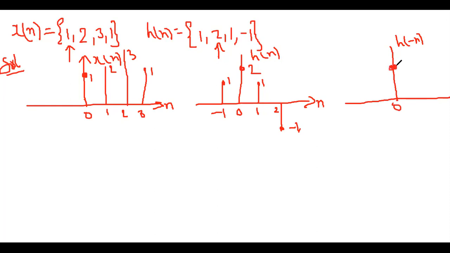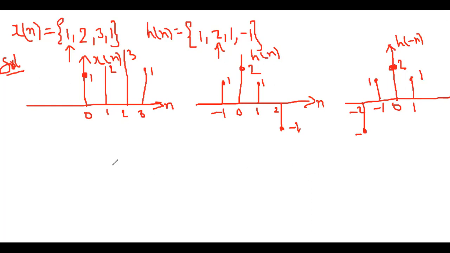Whatever value is at 1 we get at -1, and whatever value is at 2 we get at -2, which is -1. And the value at -1 now goes to the positive axis, at 1 it is also 1. So that is h of -n.